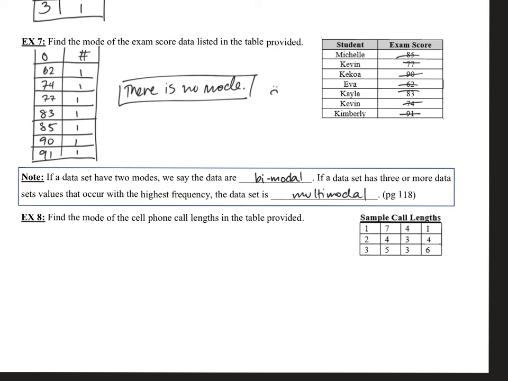All right, so we have our table. Once again, let's write the observations and the number of times we see them. The observations are 1, 2, 3, 4, 5, 6, and 7.